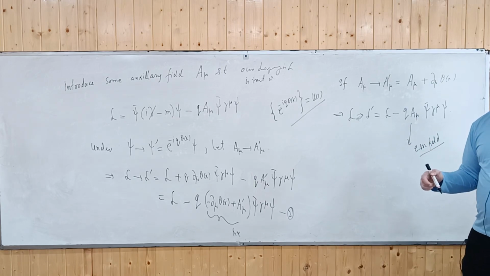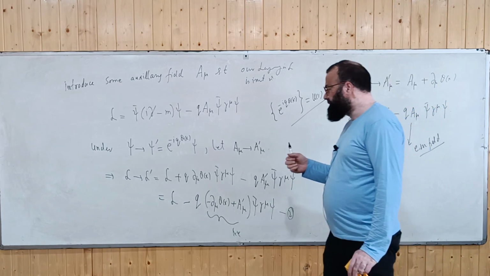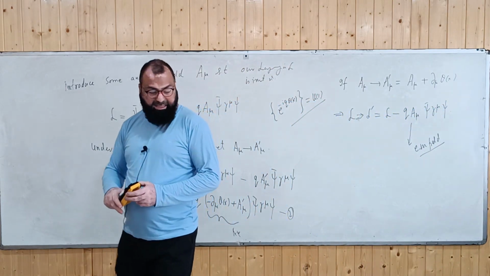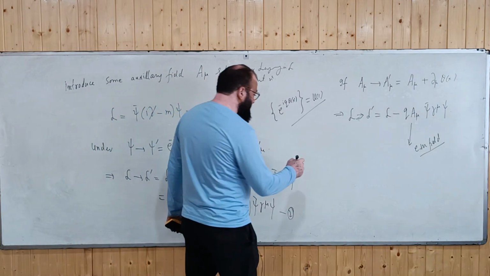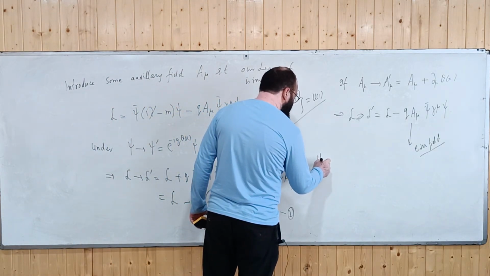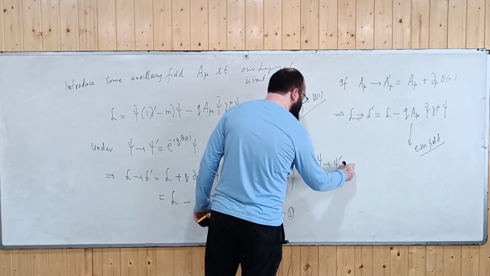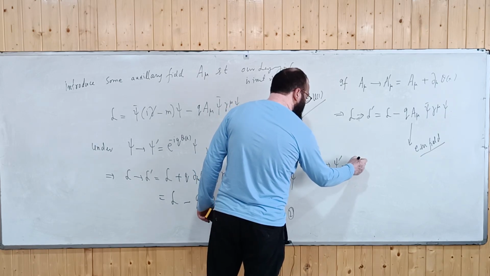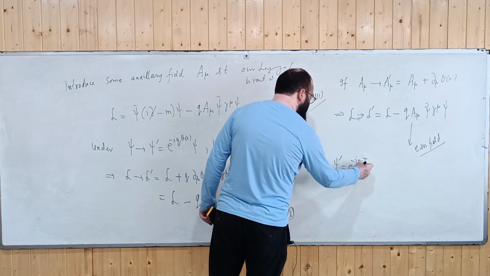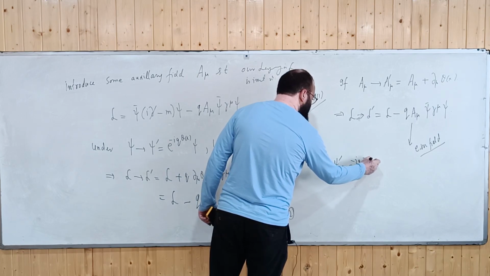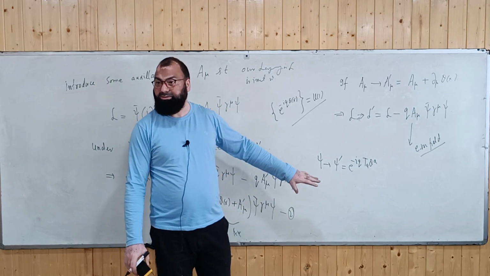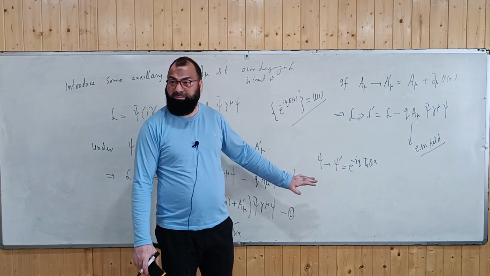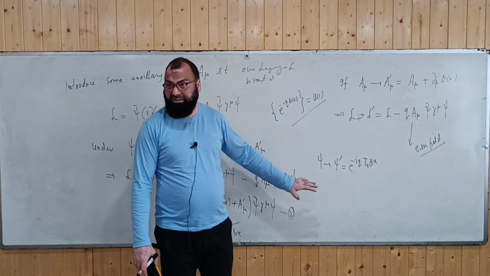Clear? So now if I am having an additional symmetry, let's say if we enlarge this symmetry, and take this kind of object: psi goes to psi prime is equal to e raised to the power minus i q T_a theta_a, where T_a are the generators of a given Lie group. Let's take SU2. How many generators are there? 3 generators.